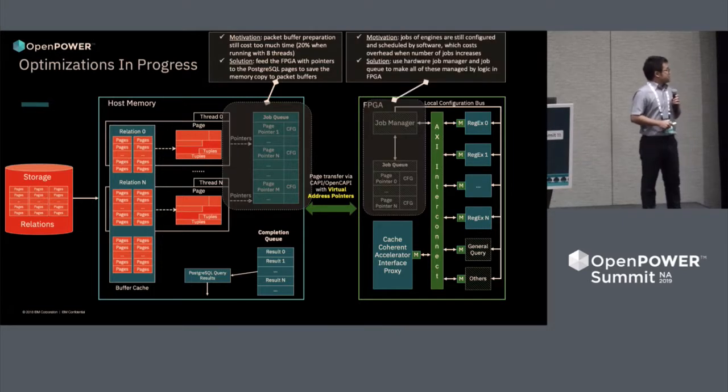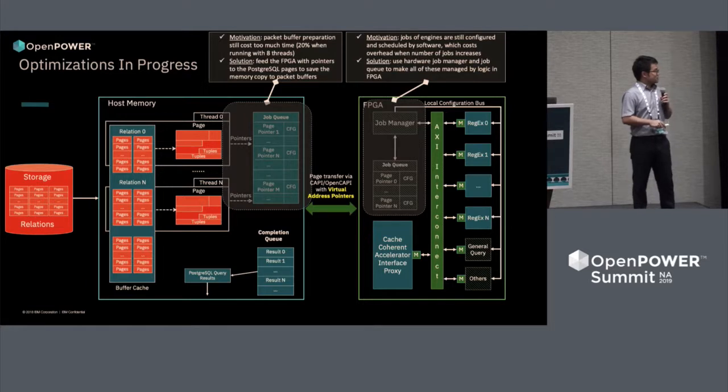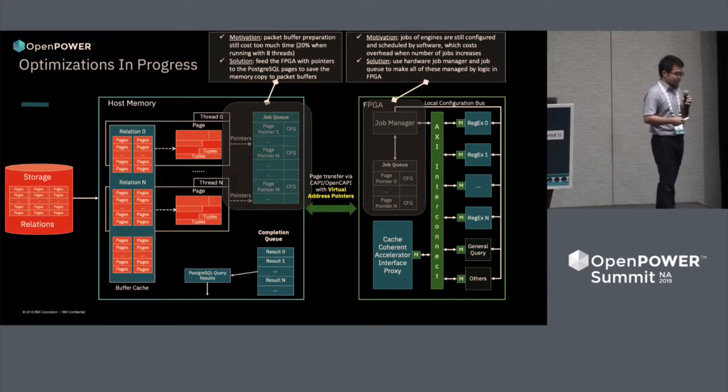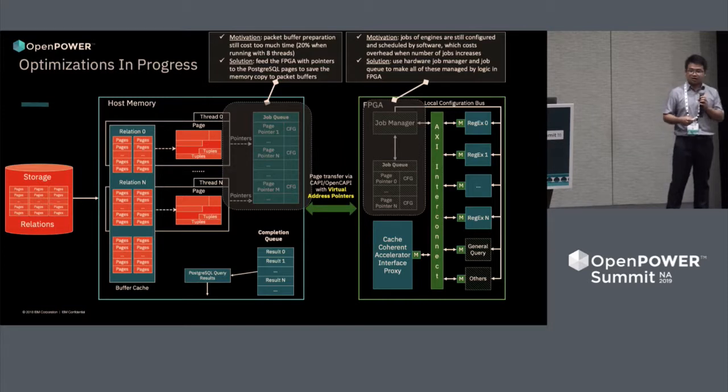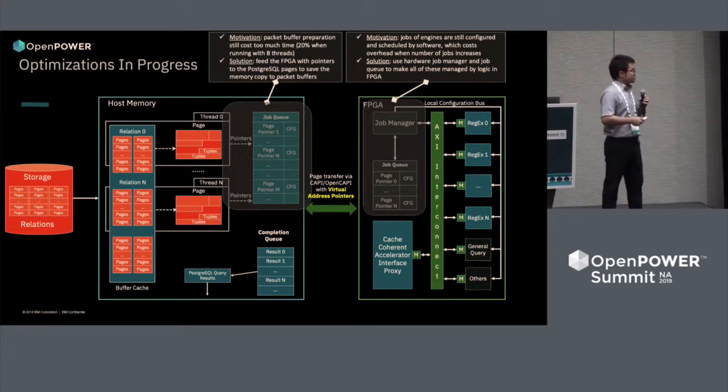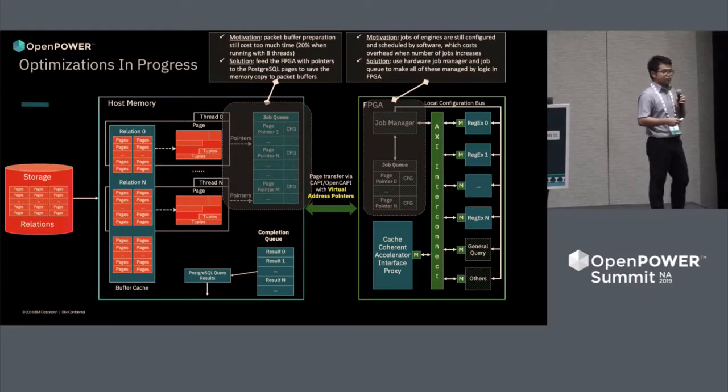Okay, and then the other work item is the job manager, which is in progress. It will reduce the cost of job configuration. If you configure the job, you need to have a large amount of MMIO accesses. So those will have impact on the overall performance if you have too many jobs.